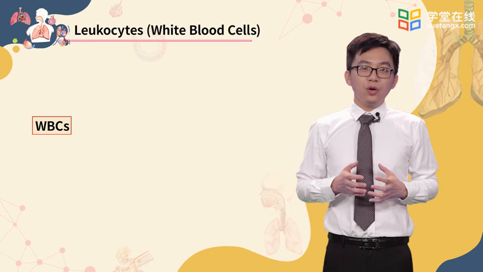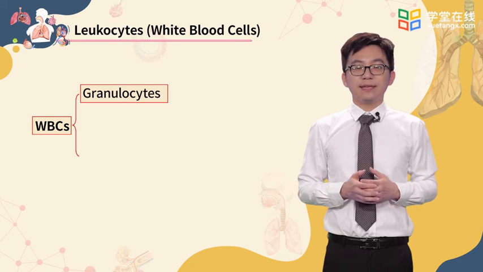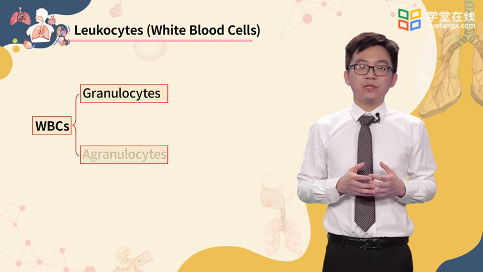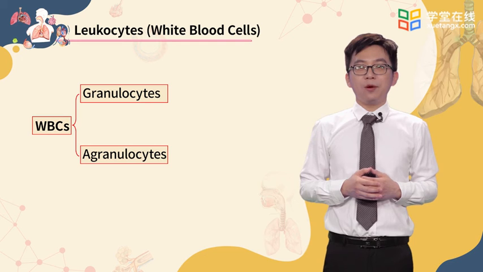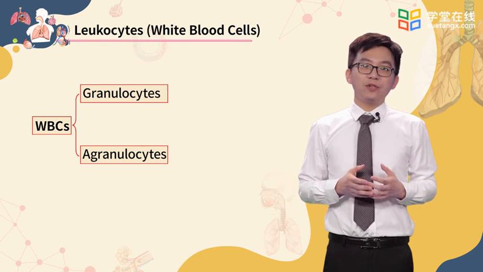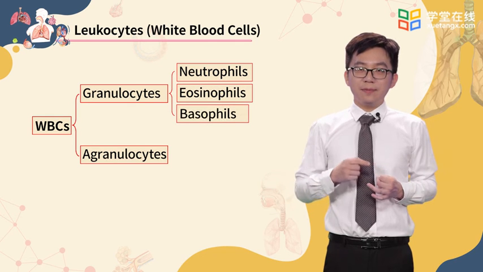For example, leukocytes with granular cytoplasms are called granulocytes, whereas those without cytoplasmic granules are called agranulocytes. A typical granulocyte is about twice the size of a red blood cell. Members of this group include neutrophils, eosinophils, and basophils.